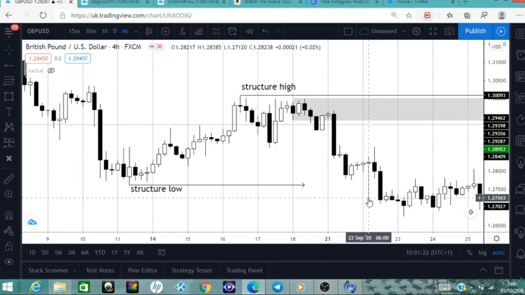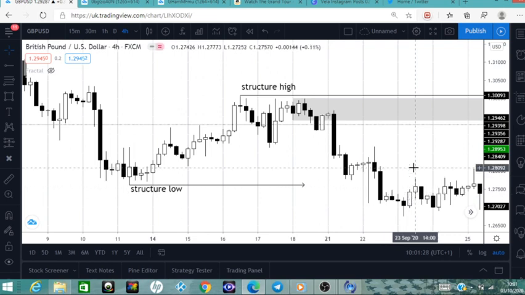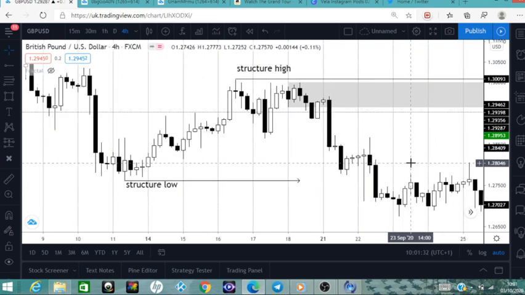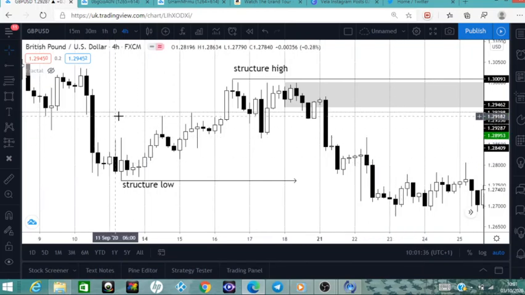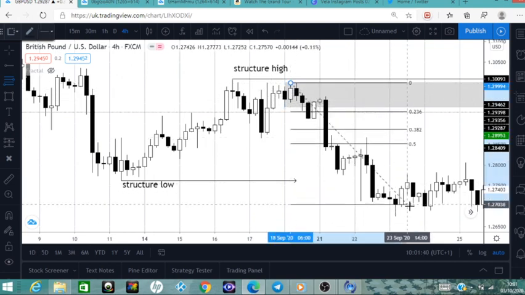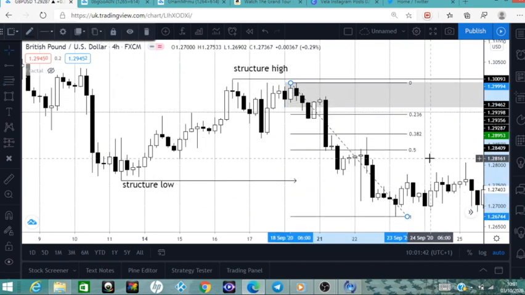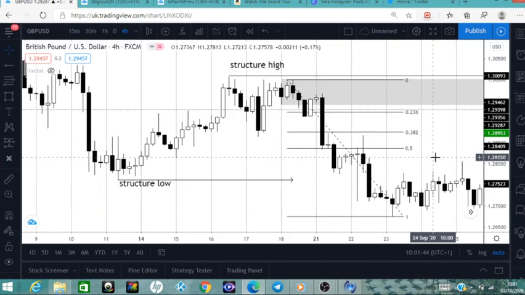Price came down, wicked, we weren't interested here, then we got a solid close. My attention then became bearish, and we then could look for areas of discount to get involved in the market at the best price available.